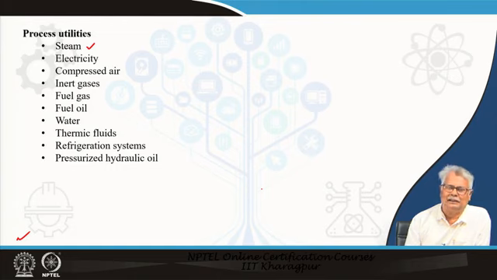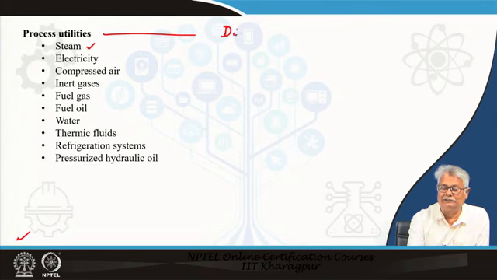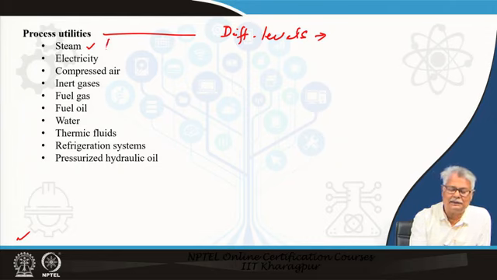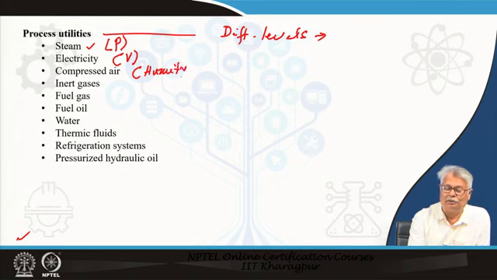You will notice one thing: in case of any process utility, there are different levels. In case of steam, naturally the differentiation is done by the pressure. In case of electricity, it is as per voltage. In case of compressed air, it is primarily humidity. I will tell you later on why humidity is important.